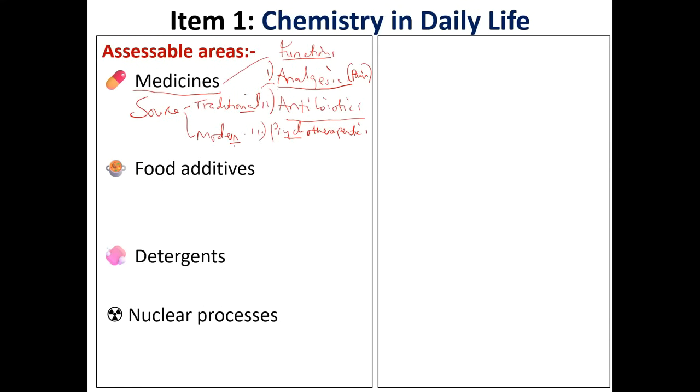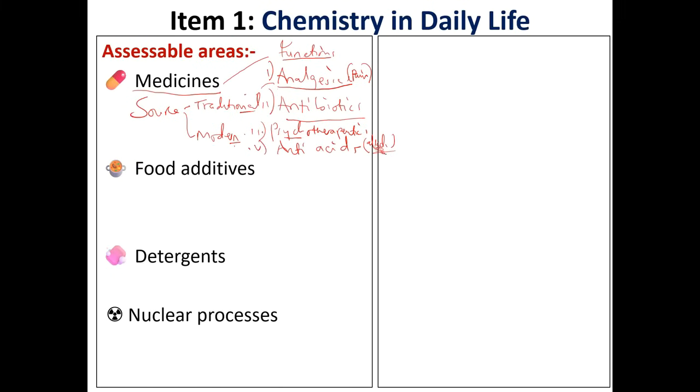Then there's another kind of medicine we can talk about, antacids. Under antacids, these ones are like alkalis. This topic is covered in Senior 2 about acids and alkalis, and that's where we find the antacids.